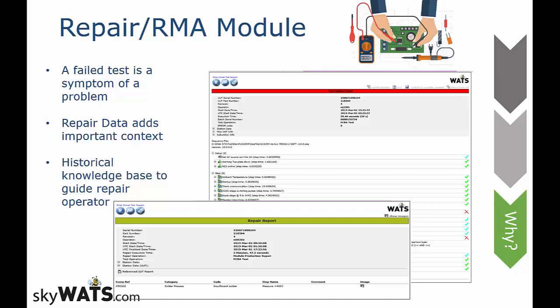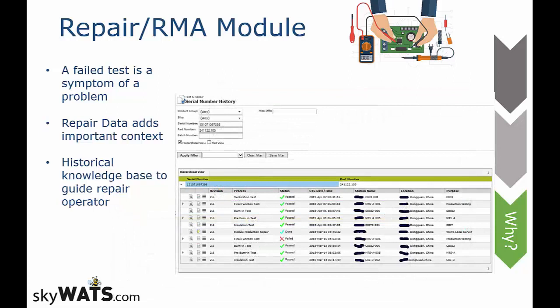We can either capture it directly through our web application used by the repair technicians, or we can interface the MES system to copy the data automatically from there. One of the benefits of having repair data in WATS is that we can link the repair to a specific test report and give you full traceability of the product history.